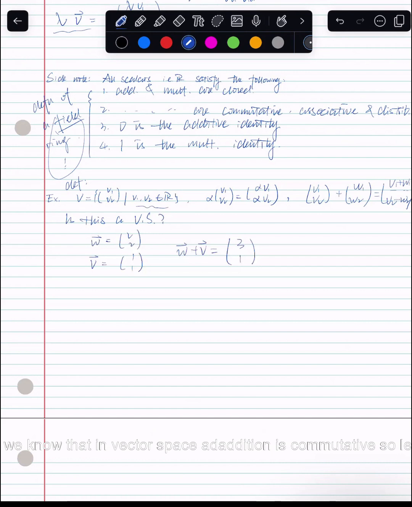However, we know that in a vector space, addition is commutative. So let's look at v plus w. That is 1 plus 2, again 3, but on the bottom it will be -1.